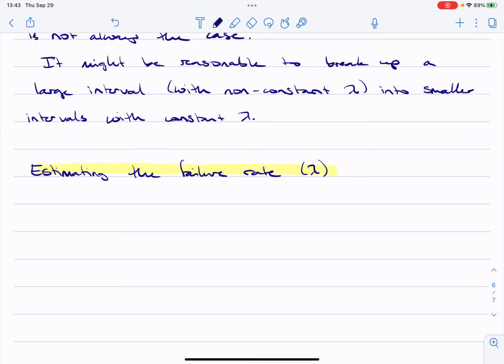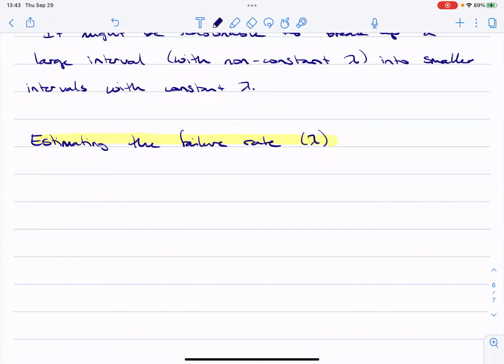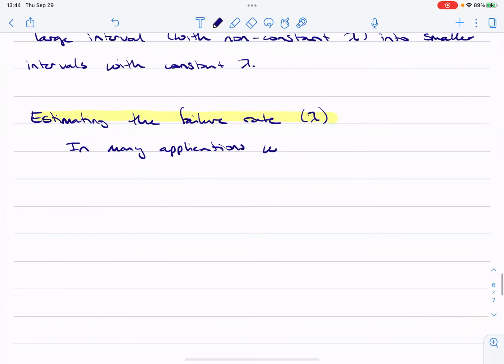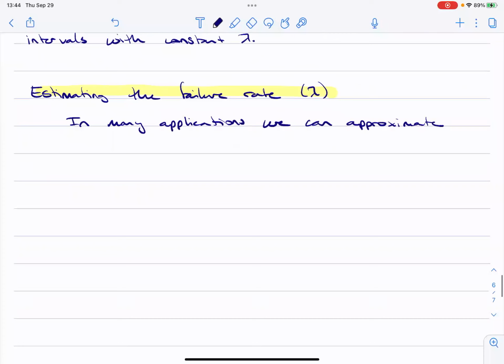Well, I can't remember if that's a section actually, but good enough. So in a lot of applications, we're going to have background knowledge and we can just approximate lambda from prior data. So in many applications, we can approximate lambda from prior data.